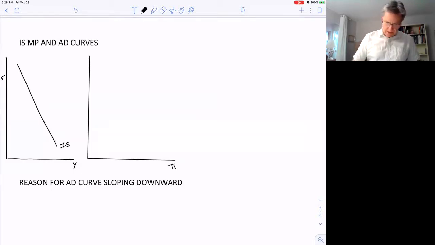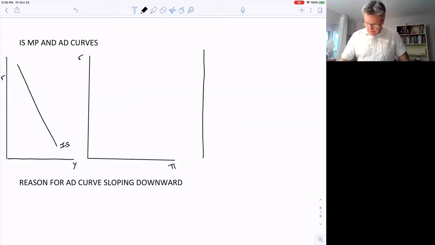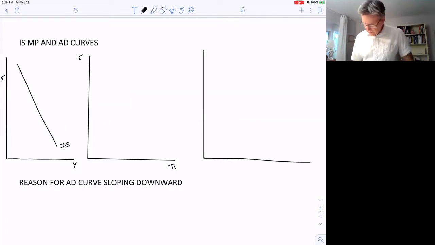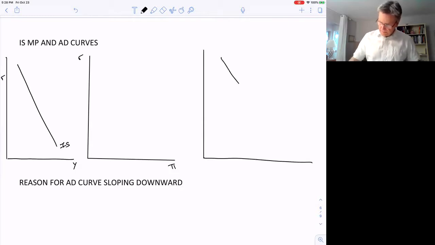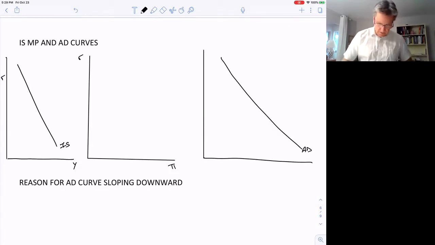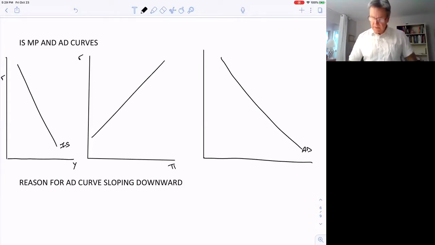So the MP curve has inflation here and R here. And then I'm going to draw the aggregate demand curve. But what I'm going to show you is that this will give us a downward sloping aggregate demand curve with inflation on the vertical axis and output on the horizontal axis.